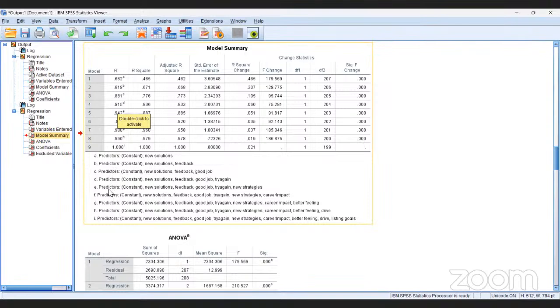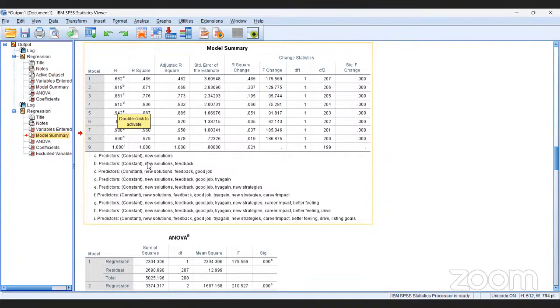And so in this manner, you will find the predictors. Okay. And when I find the 8, that is H, first a new solution, then feedback, then good job, try again, new strategy, career impact, better feeling, drive.